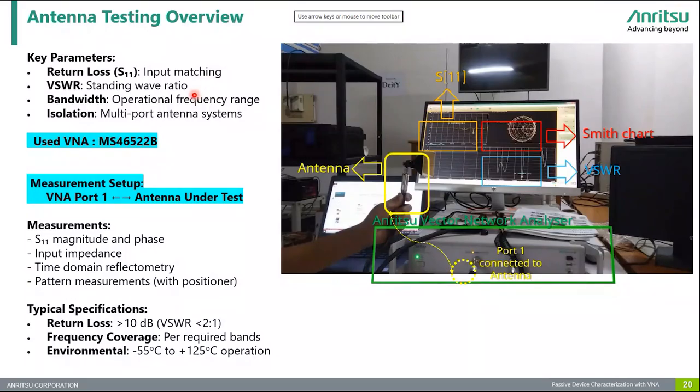And coming to VSWR, it is another way to express matching. A VSWR of less than 2:1 is typically acceptable. Bandwidth defines the frequency range over which the antenna performs effectively, and isolation becomes important in multi-port antenna systems where we want minimal interaction between ports.